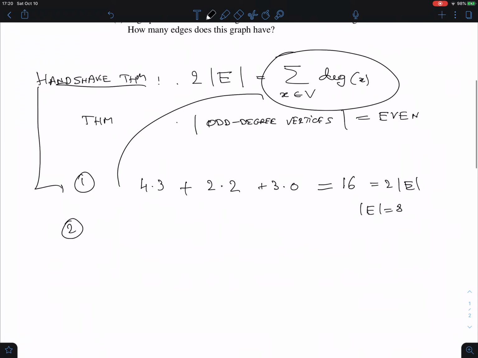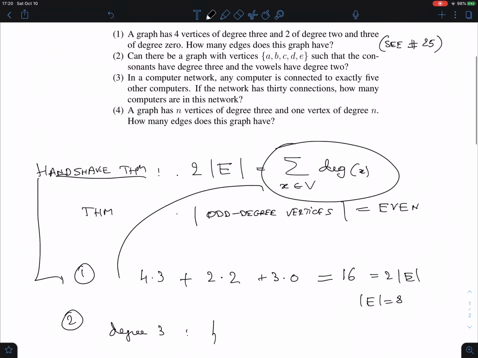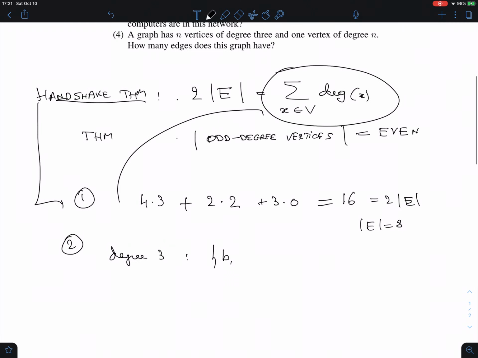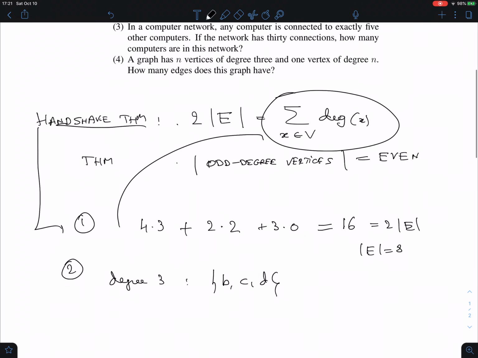Let's look at the degree 3 ones. Which are they? I'm saying the consonants: B, C, and D. I hope that is clear, these are the consonants among those 5. And then we have the ones of degree 2, which are A and E. So there are 3 of degree 3 and 2 of degree 2. Why is this not possible?